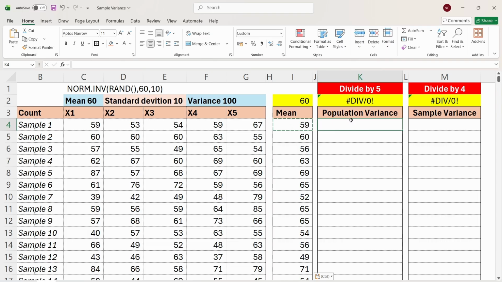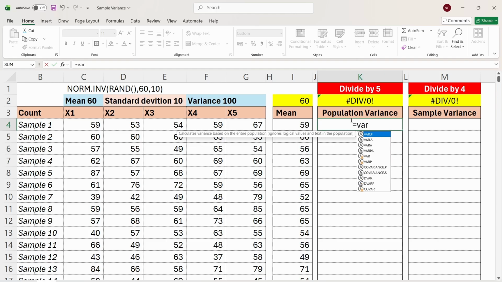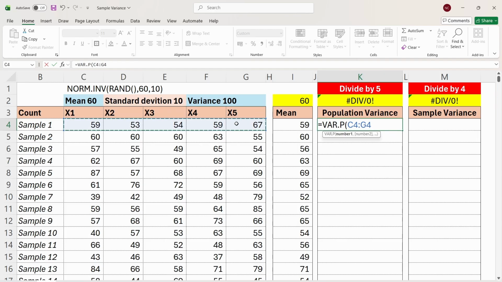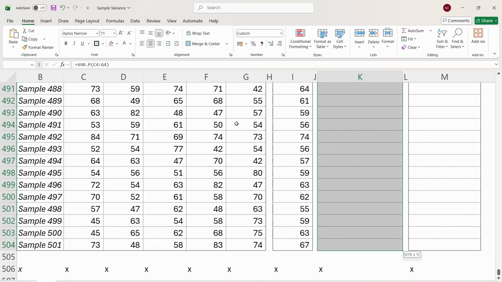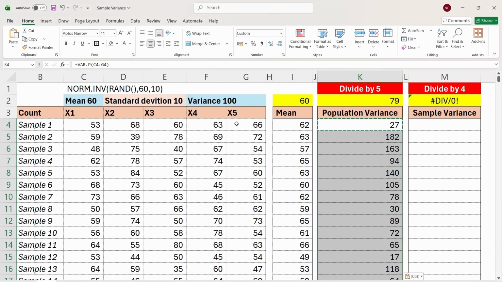Now the point I was telling you, why we use n-1 instead of n. First we will see what will happen if we use n to calculate the population variance. The variance we got for sample 1 is 19, and if we take the variance of all the 501 samples, we will get 80. But we know that the variance of our population is 100, not 80.